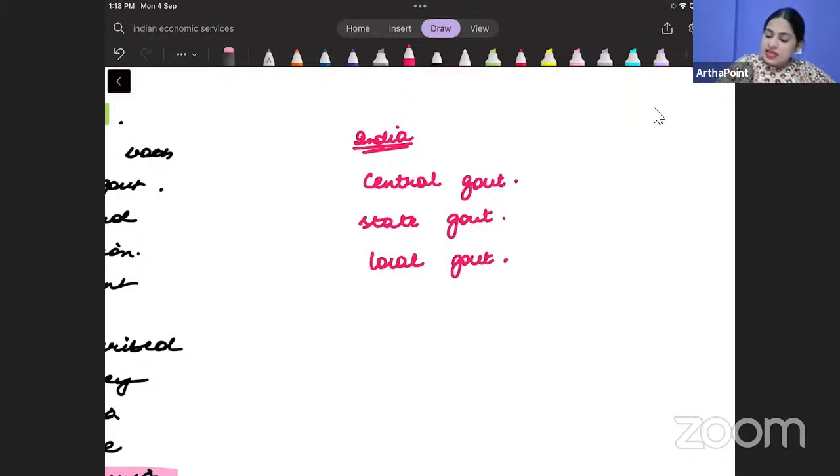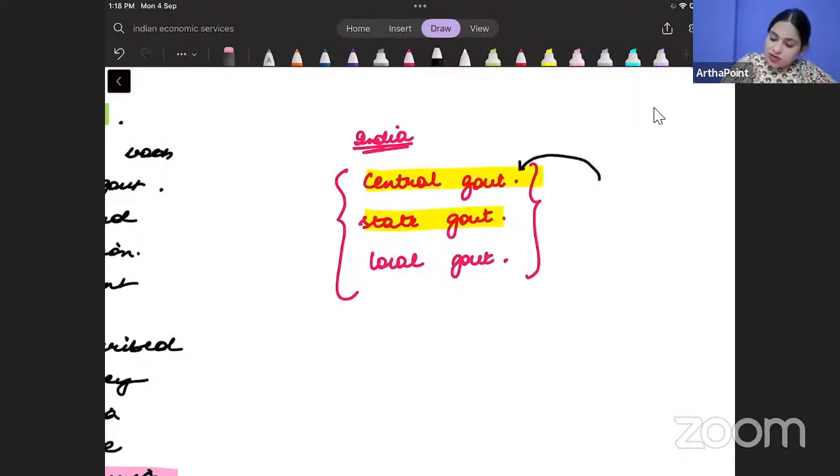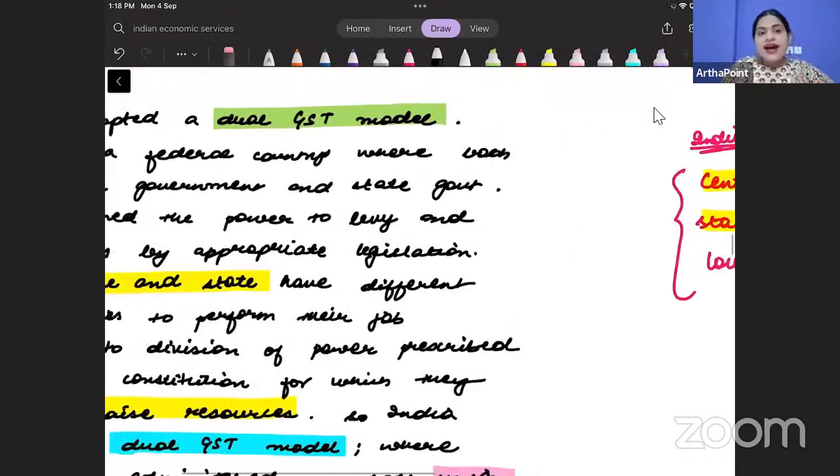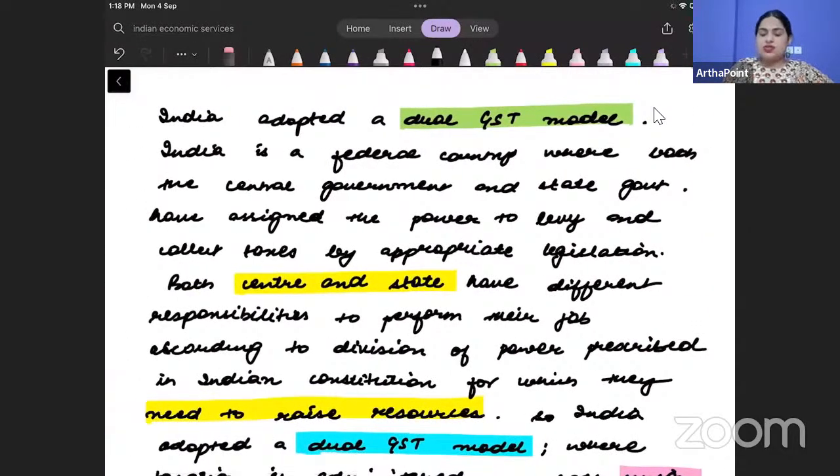So these are the three governments that I have, where center and state play the important role, right? So we wanted to give some tax to the central government and some part of the GST to the state government. That is what is called the dual GST model.